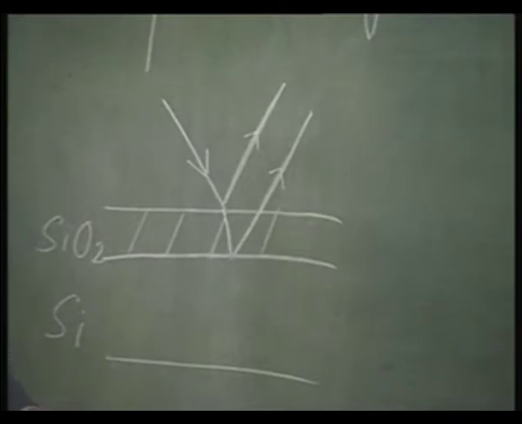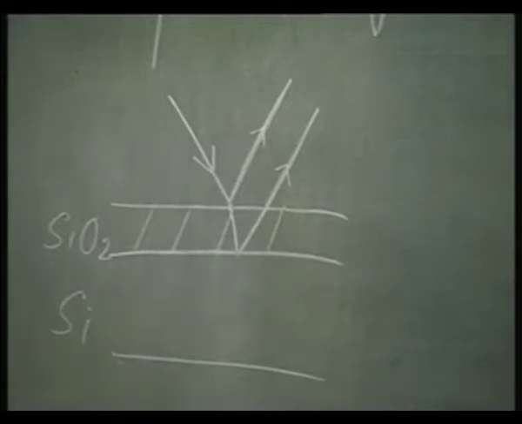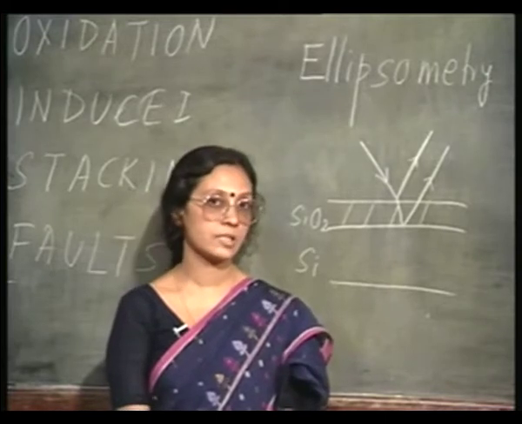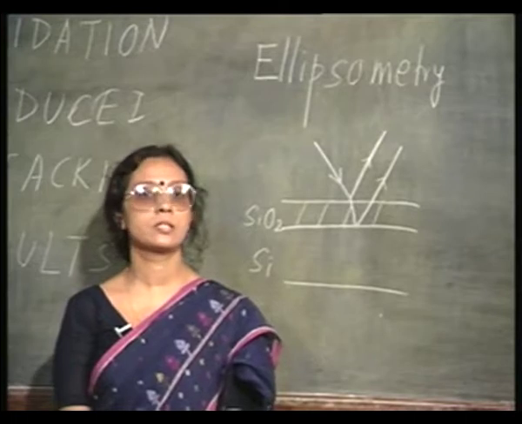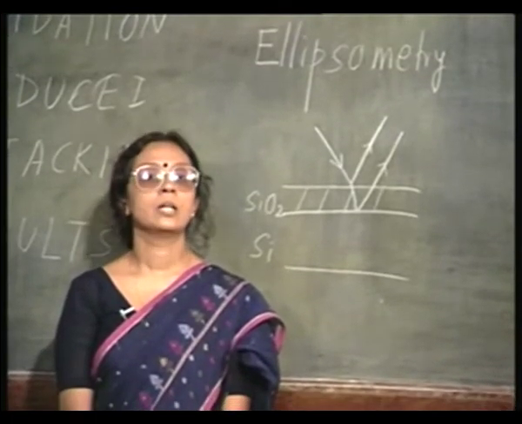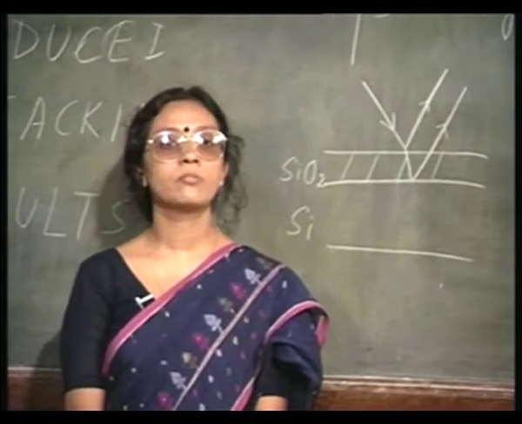So, knowing the refractive index, one can find out the thickness of the oxide film, and this is accurate within a few angstroms. That is a very large degree of accuracy. Within 5 angstrom or 10 angstroms one can determine what the oxide thickness is. But even here the path difference will repeat every 2500 angstrom.